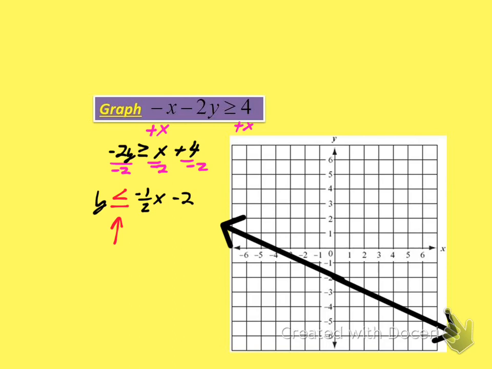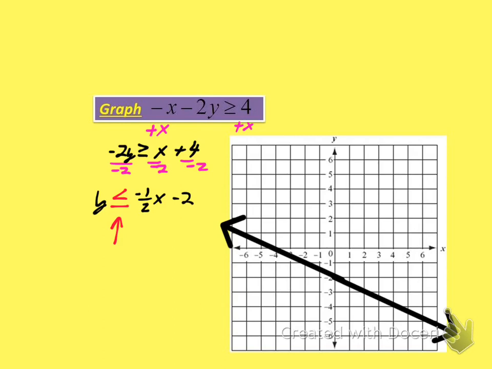Now, here's where this problem becomes not tricky. It becomes not tricky as long as you do this one thing. When you test a point, you go back to your original. You test a point, you go back to your original. If you do that, you don't have to worry about whether or not you flip the sign.